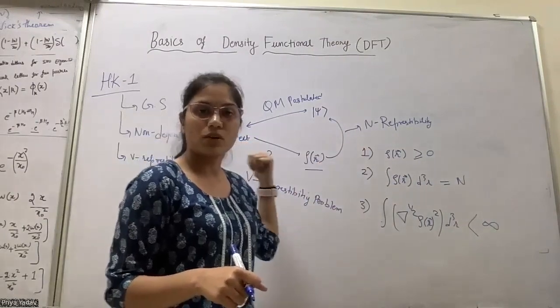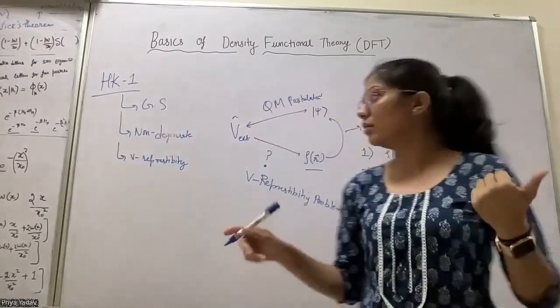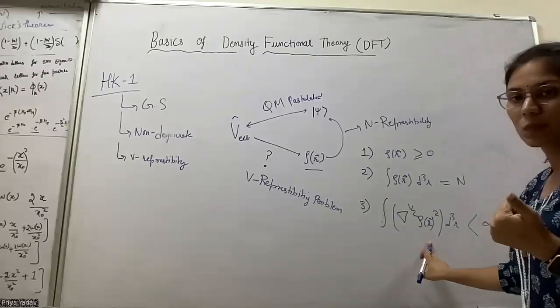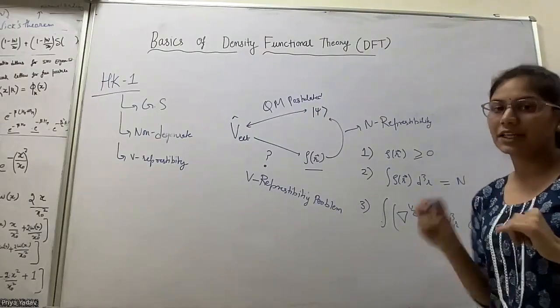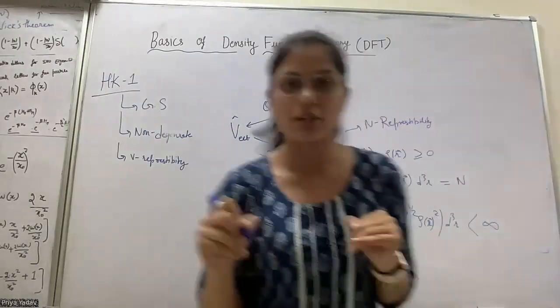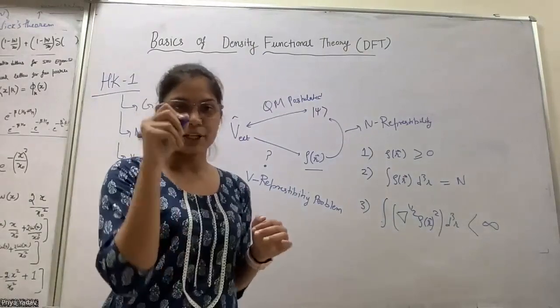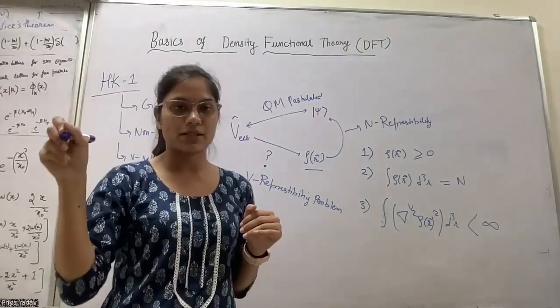Now, the Hohenberg and Kohn theorem was for the non-degenerate case, where there is del to the power half and rho to the power half in the third condition. Actually, the kinetic energy involves psi into the Laplacian of psi star.